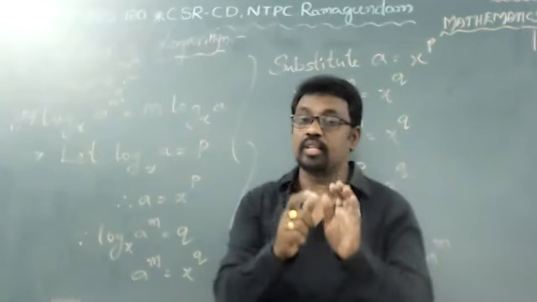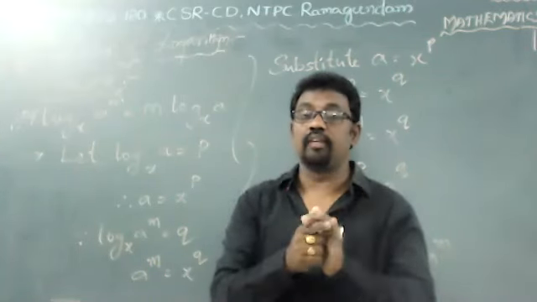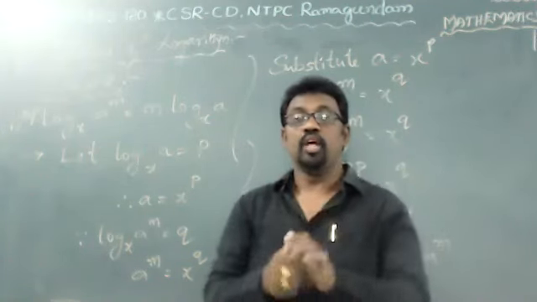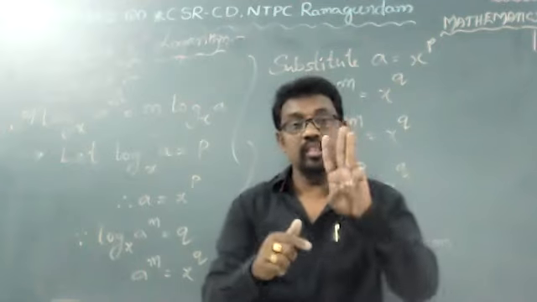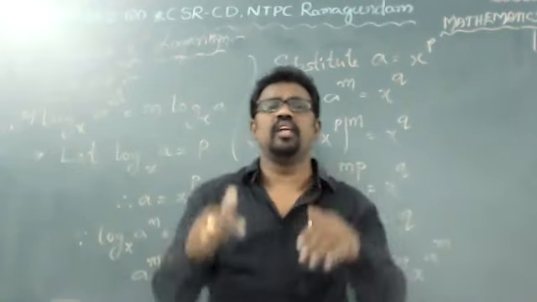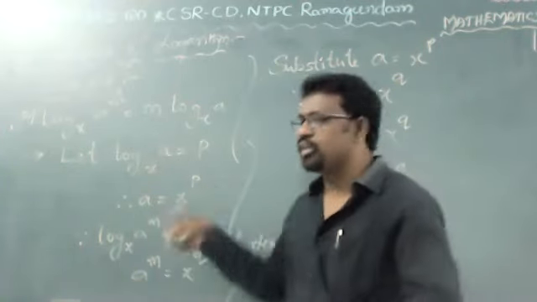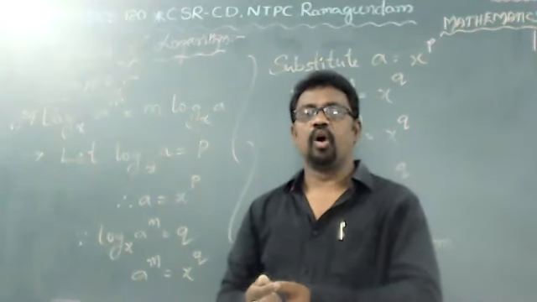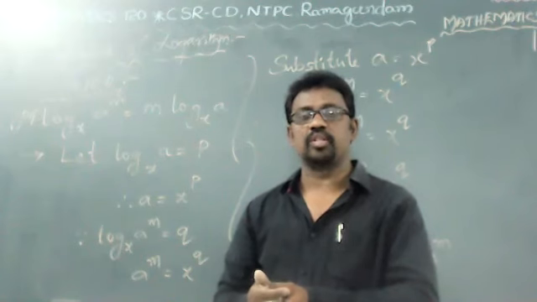You have to understand these carefully. These three formulas are most important. If you are very thorough in these three formulas, it is easy to execute all the solutions in logarithms. I hope you understand these three derivations.